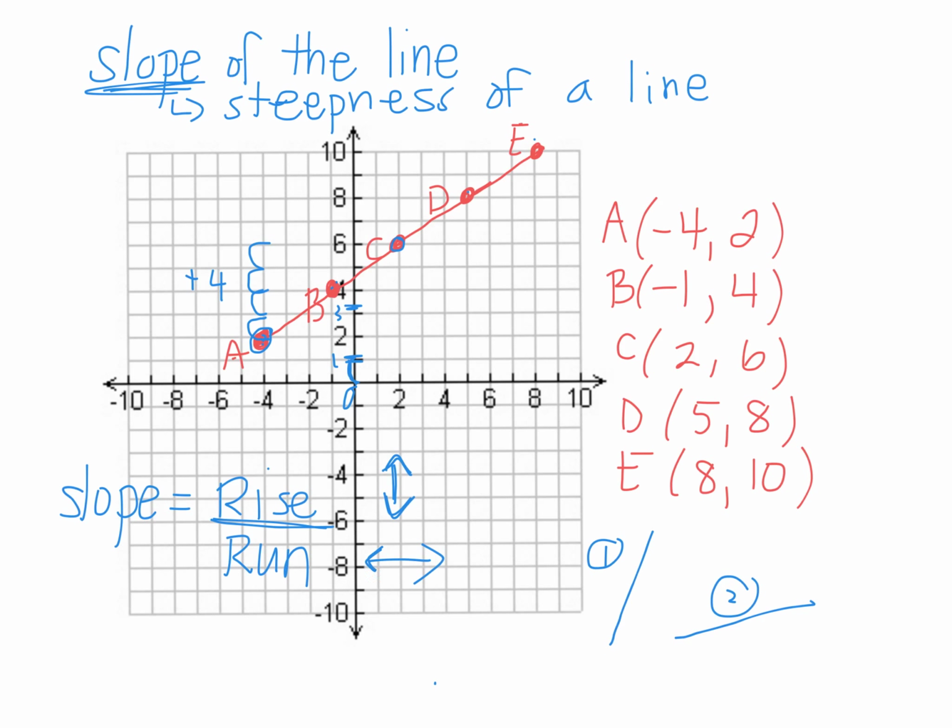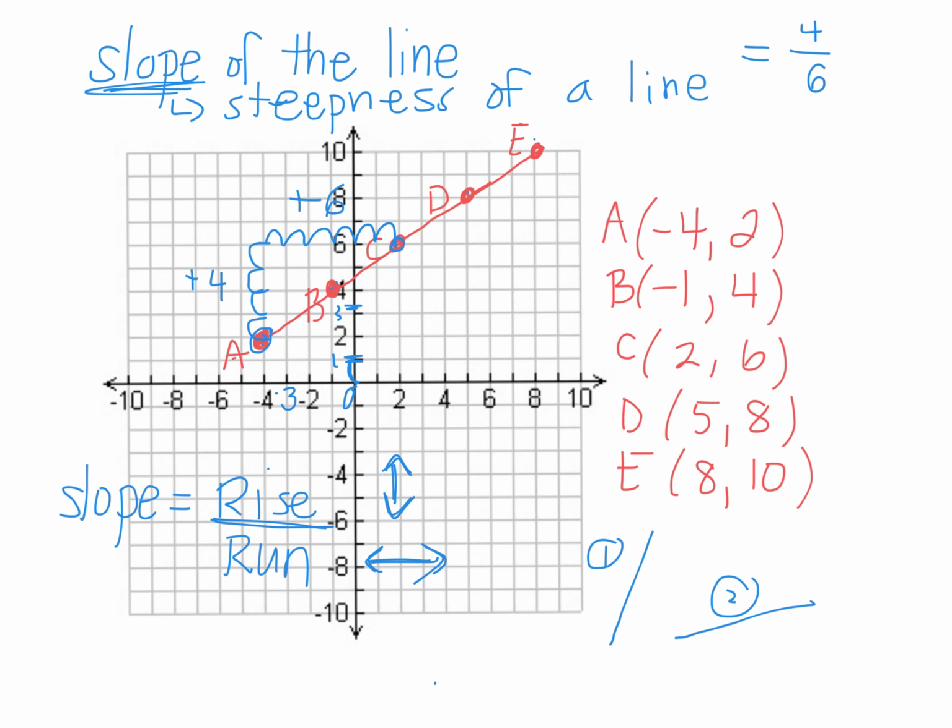Now, to calculate the run, which direction am I going to count, left or right? Right. Again, my scale is 1. Each square represents 1. So if I move here, that's 1, 2, 3, 4, 5, 6. Positive 6. Does everyone understand that so far? So my slope of this line is equal to 4 over 6.